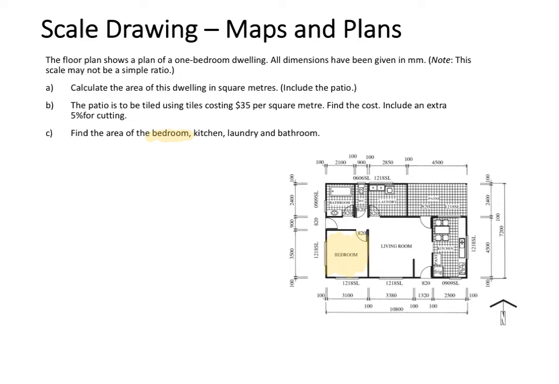So part C asks us to calculate the area of the bedroom, the area of the kitchen, the area of the laundry, and lastly the area of the bathroom. Each of those shapes are rectangles, so the area can be calculated by using the formula length times width. Before I complete those calculations, I'm going to convert the millimeter measurements used on the plan into meters to allow me to calculate meters squared.